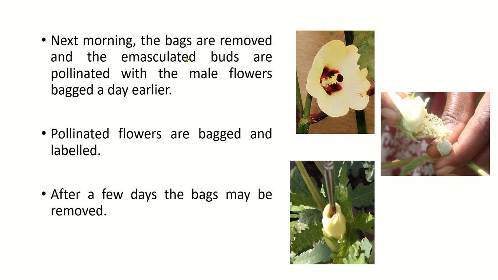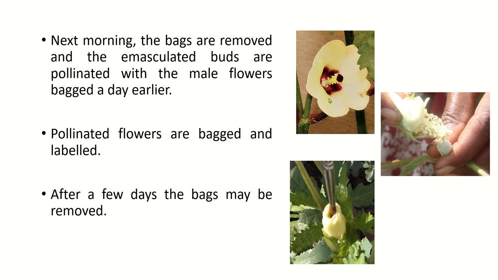In the next morning the bags are removed and the emasculated buds are pollinated. Okay, and what kind of flowers do we have to select from the male plants? We have to select newly opened flowers with yellowish or bright pale colored anthers, or you can say the pollen grains in the flower.